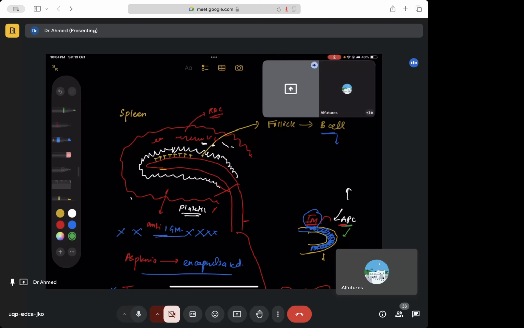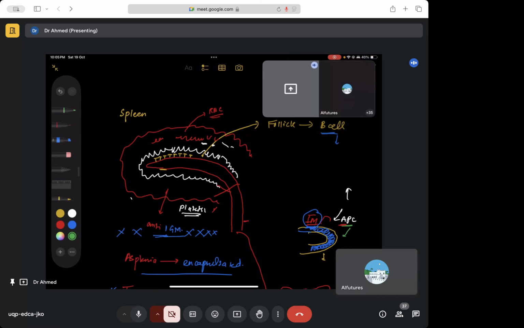Can you tell me what's the other role of the spleen? It's known as the graveyard of what? Yes, it removes red blood cells. RBCs, perfect. They also store platelets, right? And overall, half of the antibodies are made inside the spleen, that is IgM mainly.